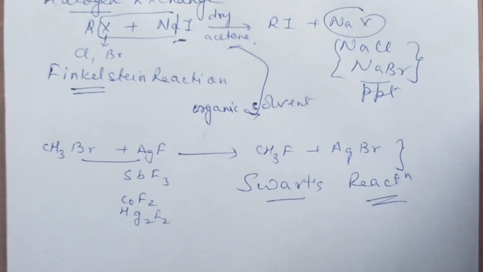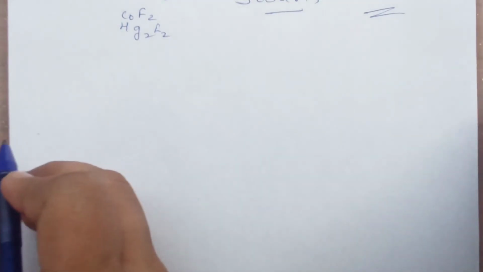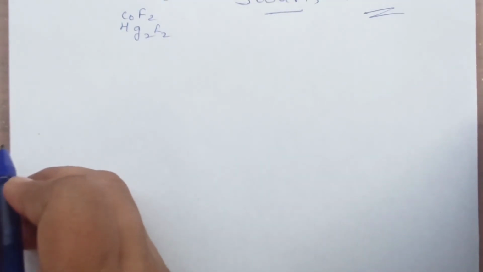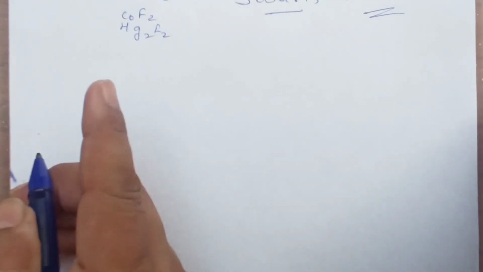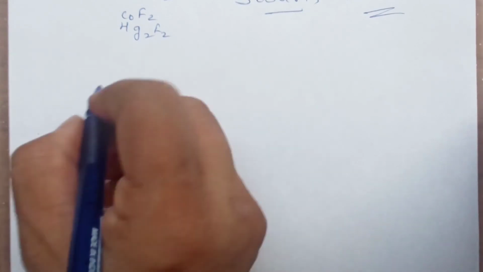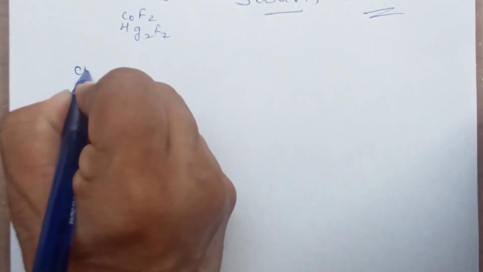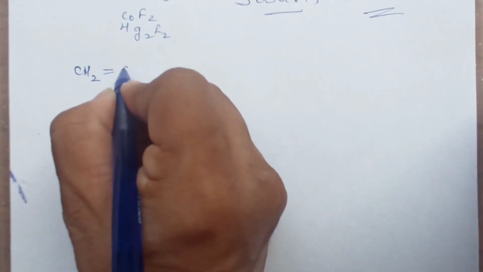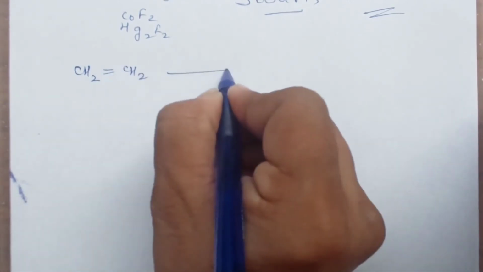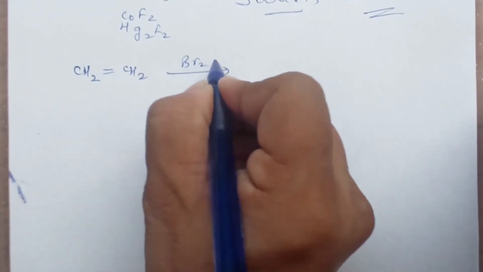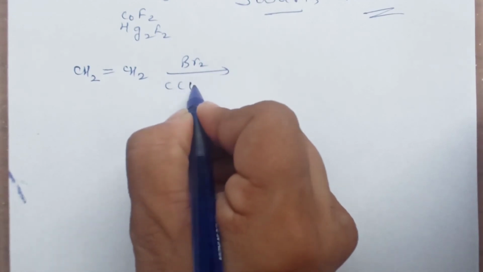Is this clear? So far, children, we have completed the preparation of alkyl halides from alcohol, from alkane, from alkene, and the halogen exchange. One more thing: we have done addition of HX to prepare alkyl halide from alkene. Suppose you want to prepare vicinal dihalides, you take the alkene and add a halogen, say bromine, in the presence of CCl4.